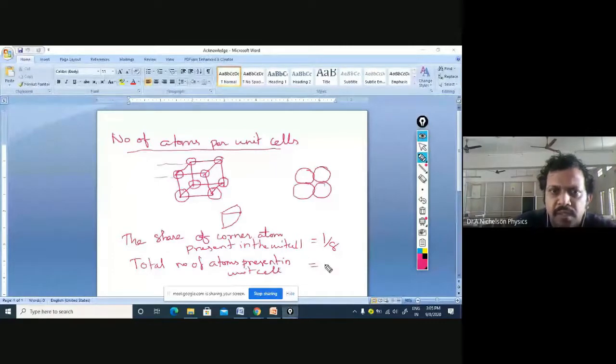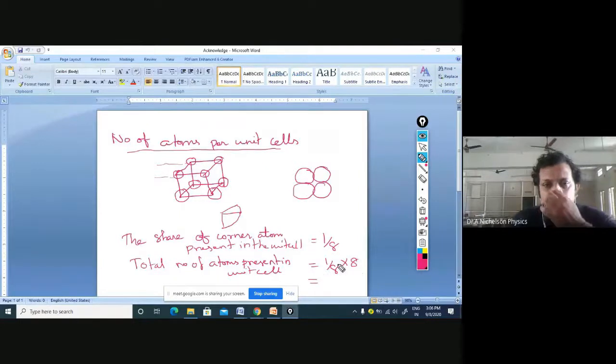So how many corner atoms are there? 8. Okay. So every corner atom has 1 by 8 share only. So 1 by 8 into 8. Okay. So what is the total number of atoms present here? So cancel. So only 1 atom. So the total number of atoms present in this unit cell, that means for a simple cubic structure, it is just 1.